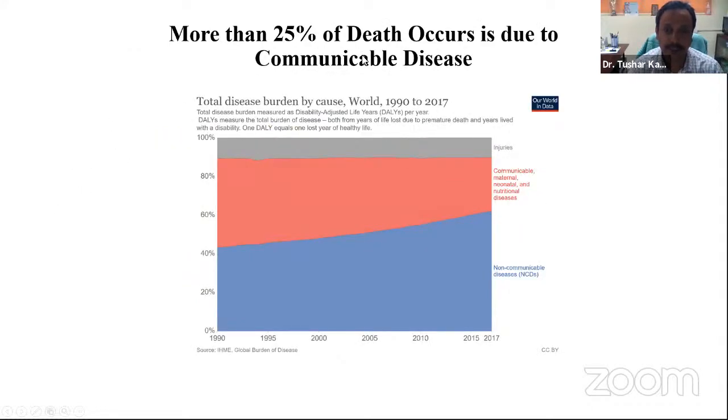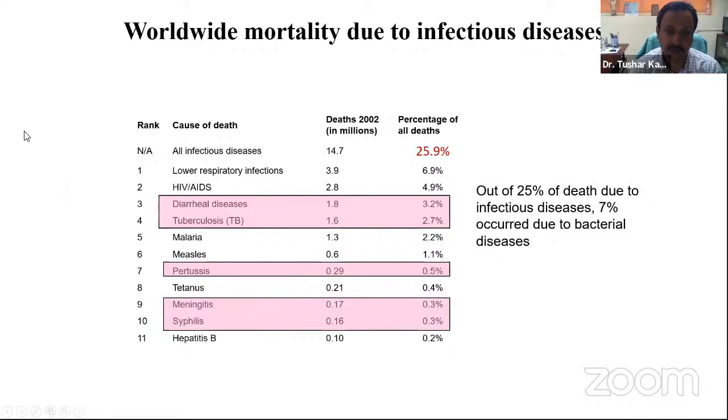Now this is recent data, showing up to 2017. If we look at communicable disease, the deaths occurring due to communicable disease are almost 25% of the total deaths worldwide. So it's one of the major causes of death. And in those infectious or communicable diseases, if we look at the top 10, almost 5 of them are bacterial diseases.